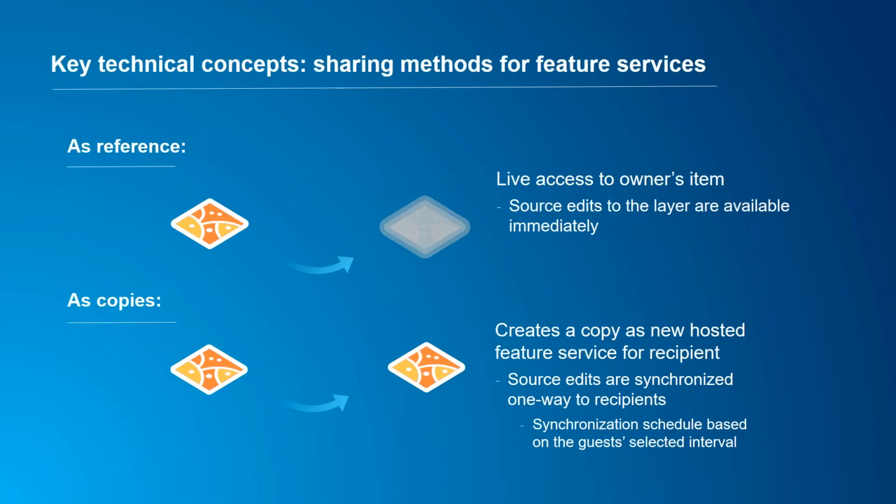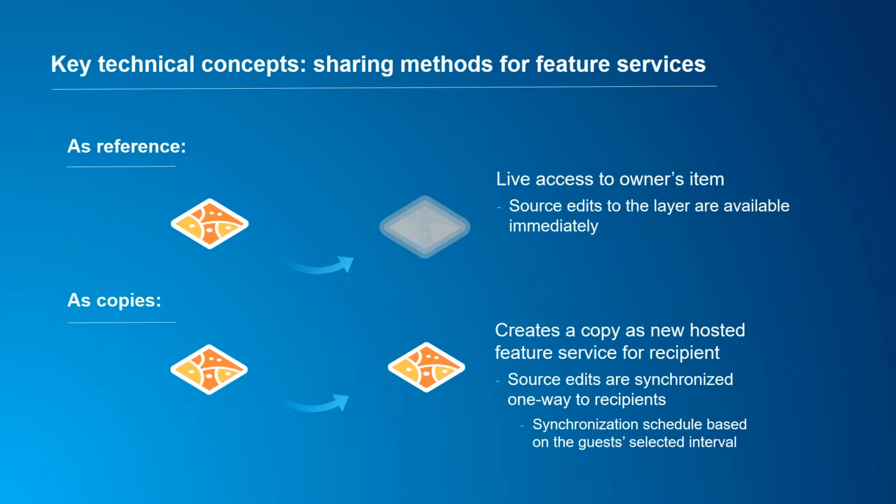The other scenario is a feature service shared as a copy. In that case, a copy of the data is shared, and then a new hosted feature service is set up in the recipient portal. That happens automatically as part of that sharing method.